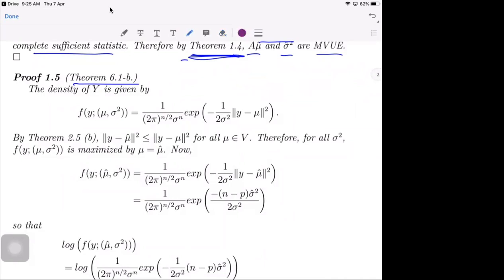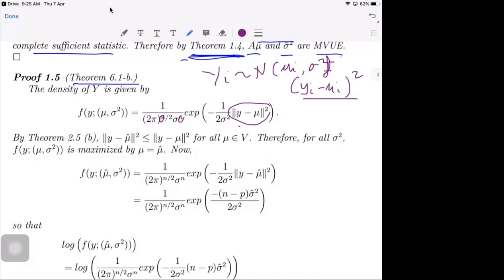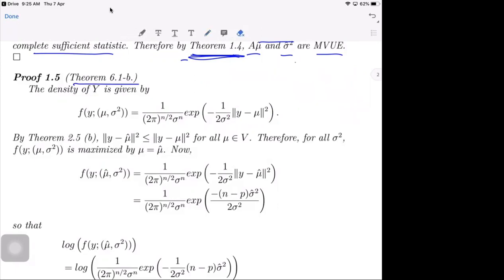So that's why you have here n, and that part y_i minus mu_i, because each of the y_i is normally distributed with mean mu_i and variance sigma squared. This part here will be the square norm of y minus mu in matrix or vector notation. And then you take the product of the density, so that's why you have this raised to the n here.